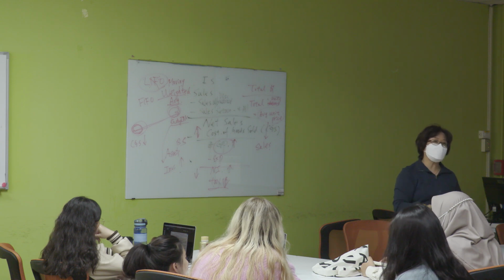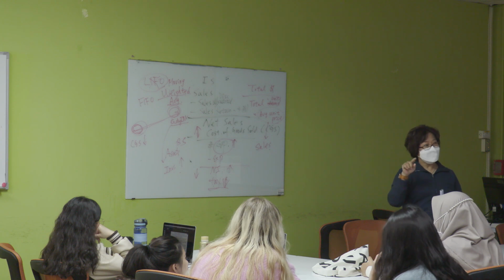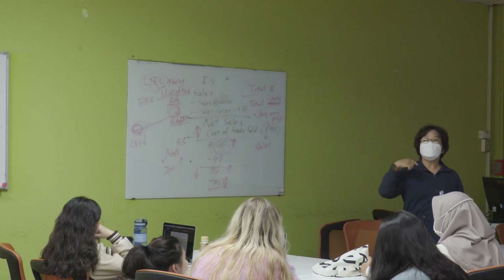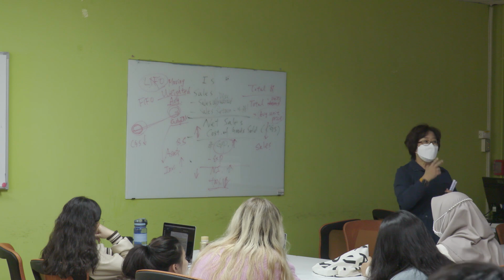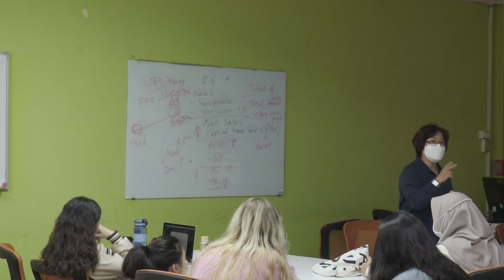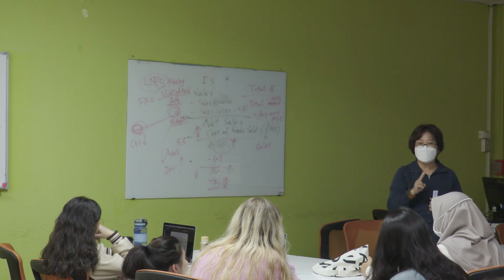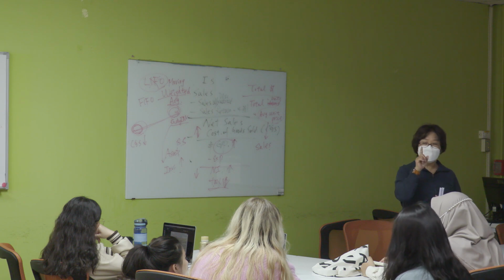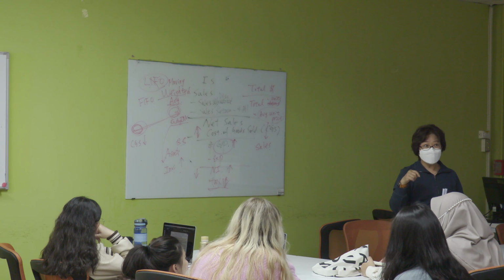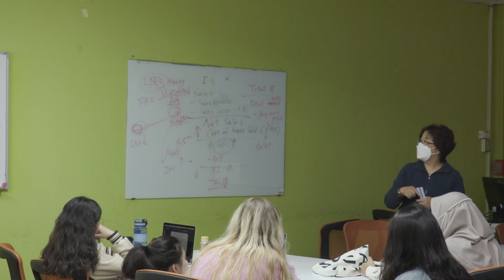Because the perpetual inventory system asks that whenever you are purchasing, you debit purchase and credit AP. But whenever you are selling something, you need to record two entries. One is debit AR, credit sales.